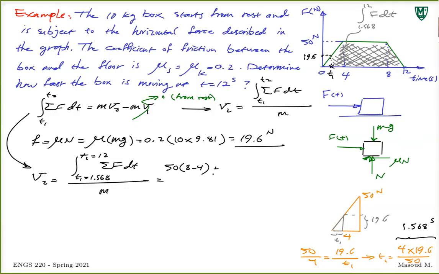Then we have the right side, plus 50 times 4 divided by 2, plus, cutting it into different sections, the left side, 50 plus 19.6 divided by 2 times the height.